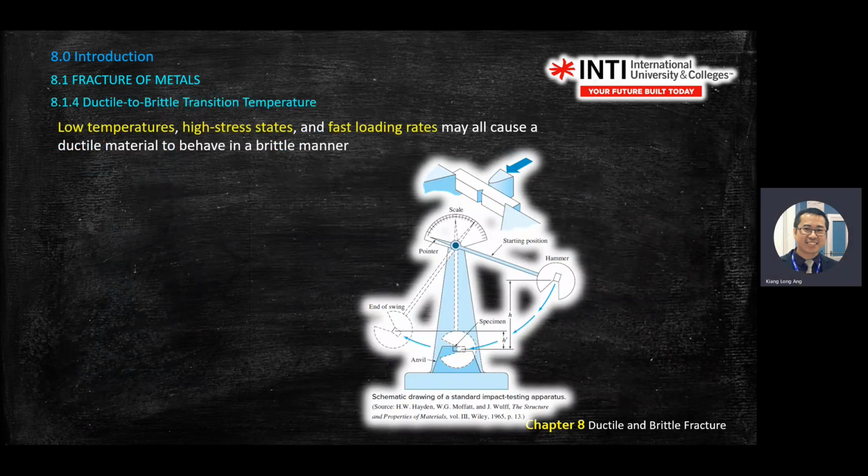Okay. Next, we look at ductile to brittle transition temperature. So low temperature, high strain rate, and fast loading rate will all cause a ductile material to behave in a brittle manner. Just now, before the break, we mentioned two very important factors in fracture: temperature and the rate of your strain loading.